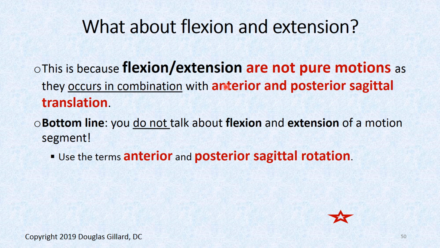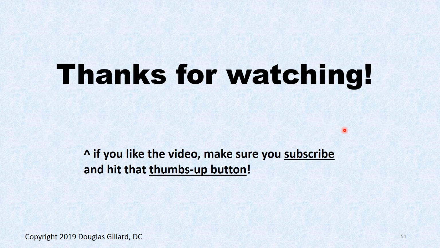So it's not good to say flexion of L5 on the sacrum, flexion of L4 and L5. Why? Because it's a coupled motion. So the bottom line, you should not talk about flexion extension of a motion segment. You should use anterior and posterior sagittal rotation instead of flexion and extension. Okay? Thank goodness that's all the deeper we're going to go into this.